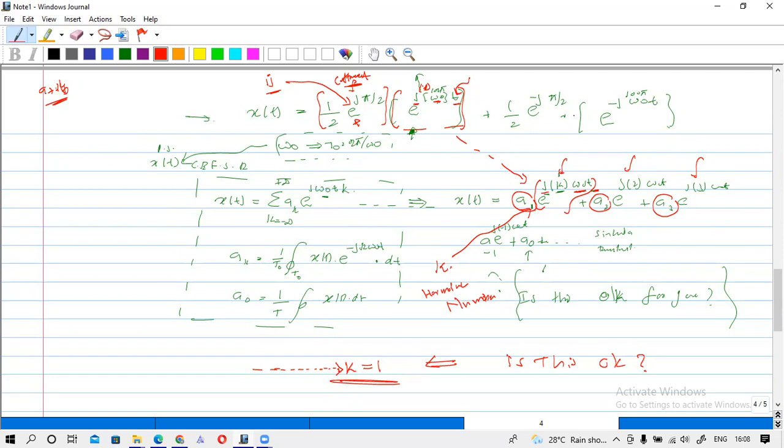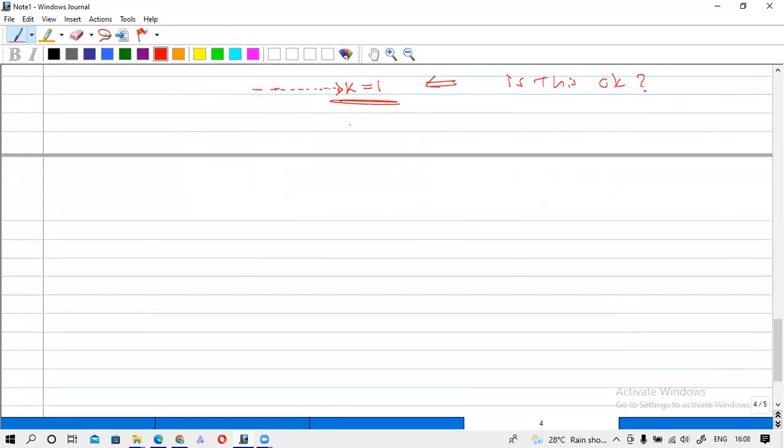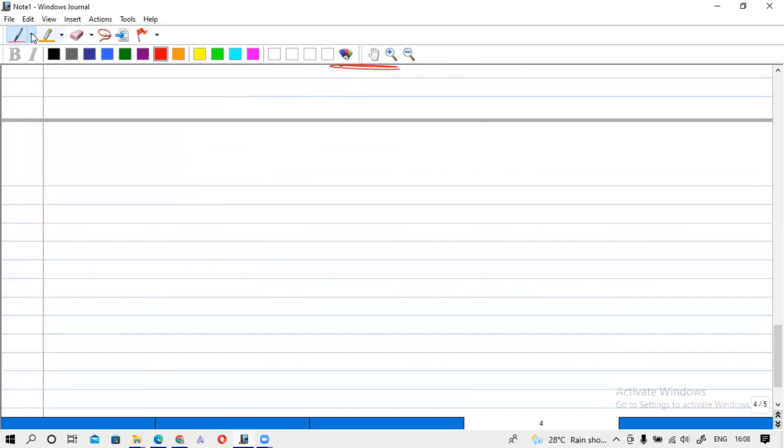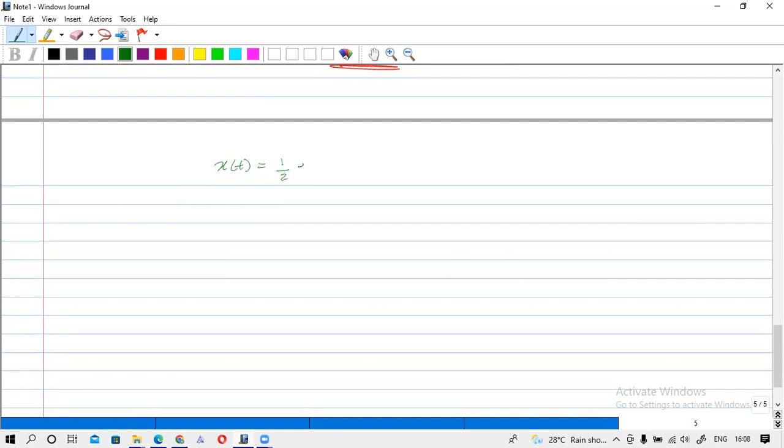Now tell me, what is the k value here? What is the k value for this one? For this term, k is equal to 1. I will write that term here again, because now it's not very clear. So we have x(t), and as I remember, we have half e to the power j pi by 2, and we have e to the j 105 t.